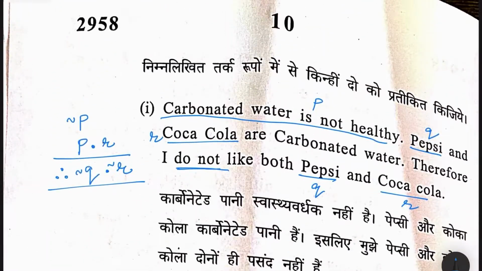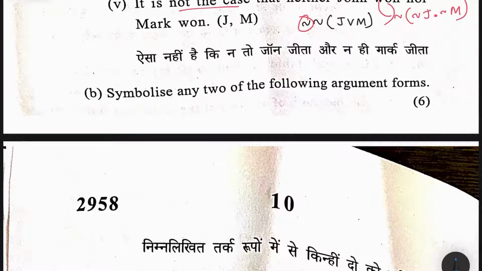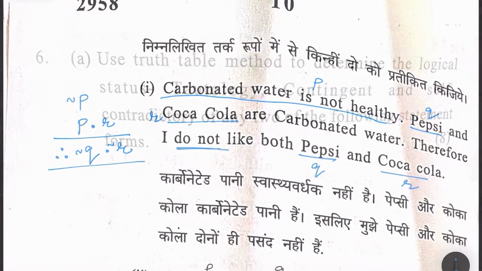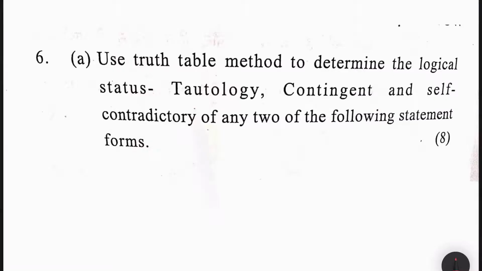So again now important thing यहाँ पे है, symbolize any two of the following in argument form. So argument form में you always have to use the PQR method to determine the logical status: tautology, contingent and self-contradictory. So again this is very important.